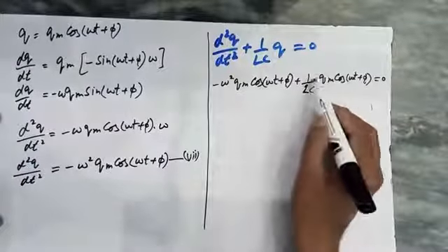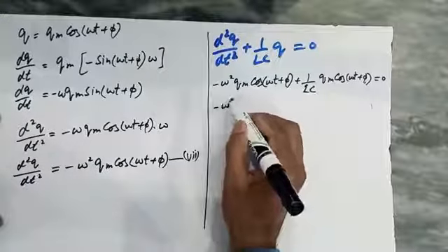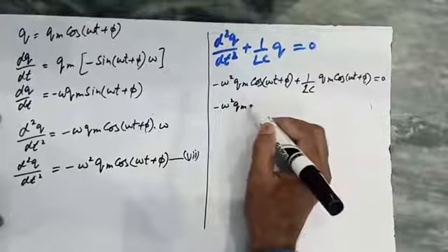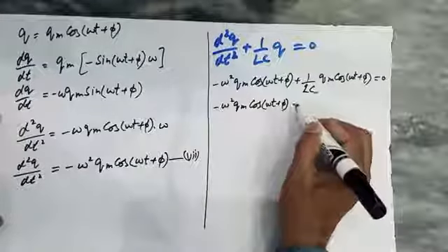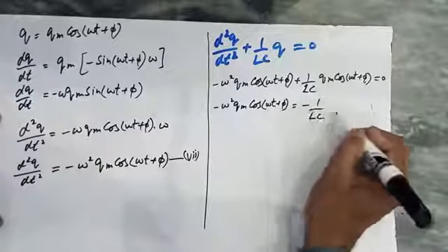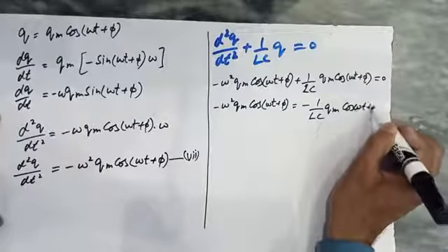I can take this term on the right hand side, so this becomes minus omega square Qm cos(omega t plus phi) is equal to minus 1 over LC Qm cos(omega t plus phi).